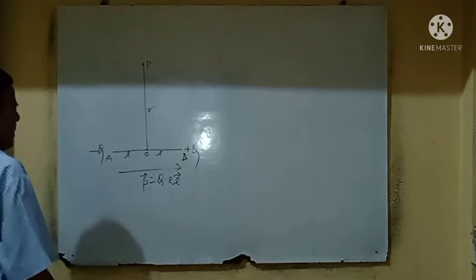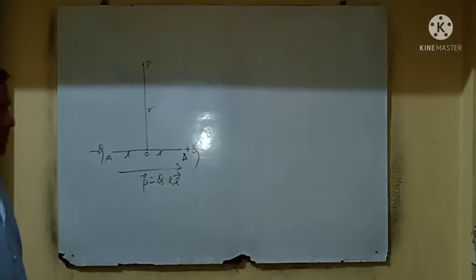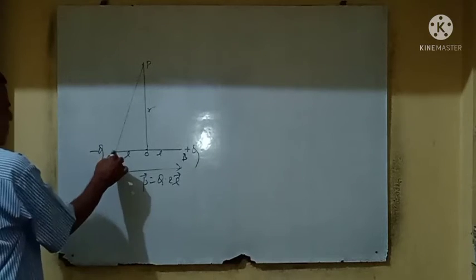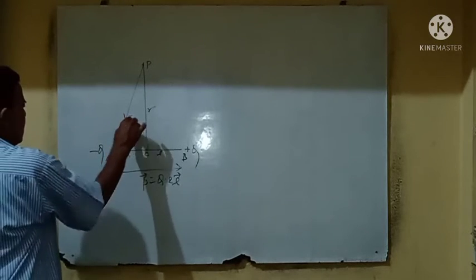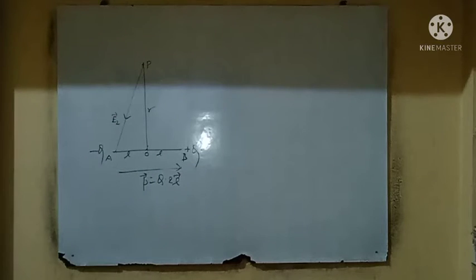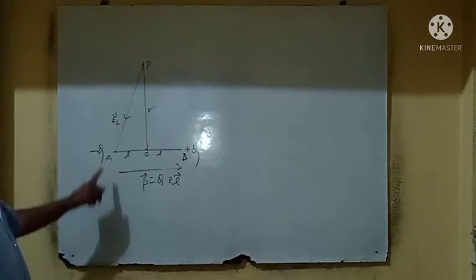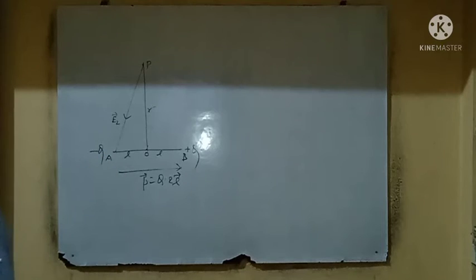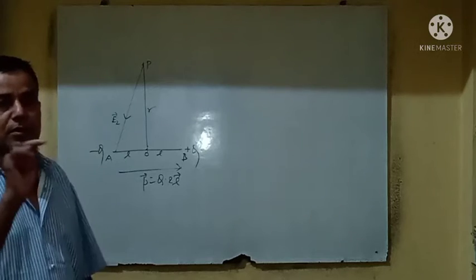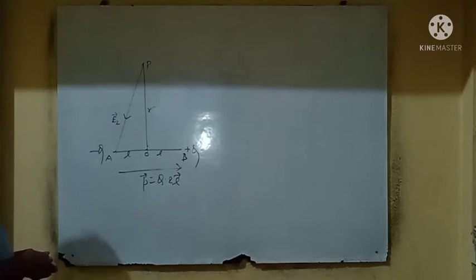What is the electric field due to minus Q charge? The electric field due to minus Q charge will be towards the minus Q charge. E2 is the electric field intensity due to minus Q charge. We know that due to negative charge, the electric field intensity is towards the negative charge, so it is equal to E2.